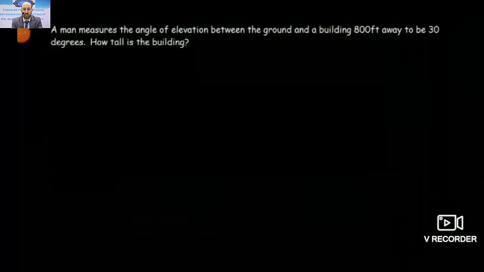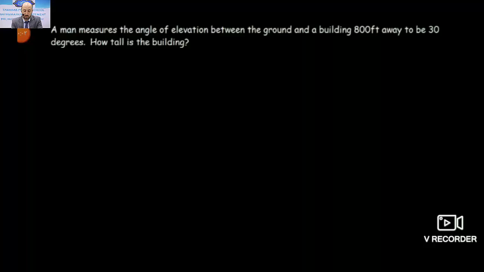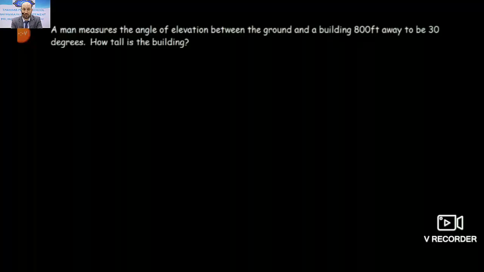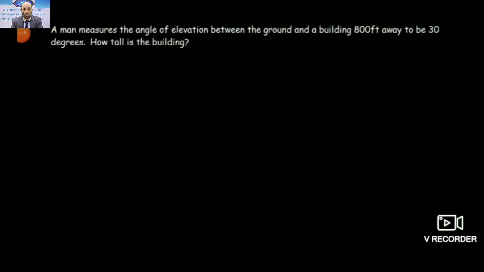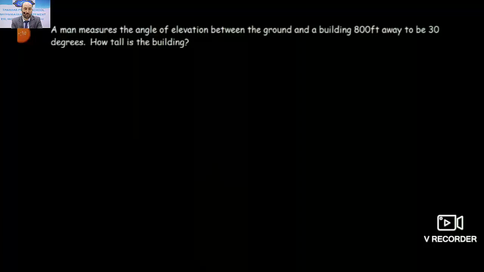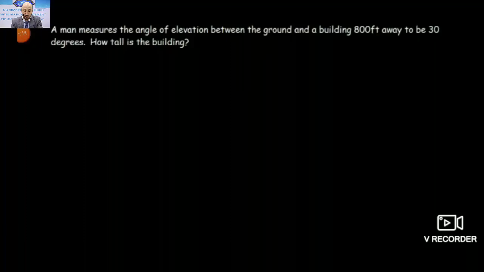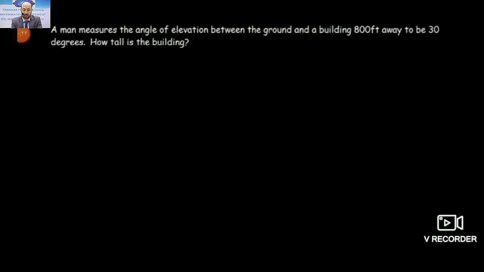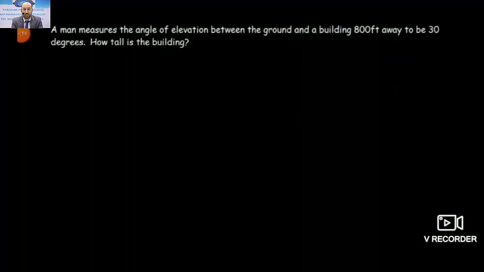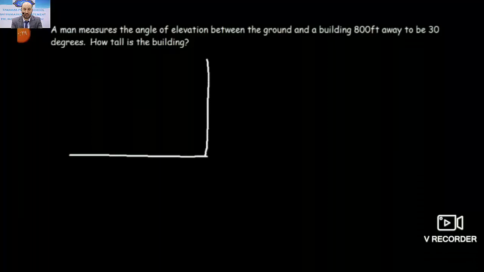In this video, we are going to solve word problems in trigonometry, and it's about angles of elevation and depression. Here we have a man who measures the angle of elevation between the ground and a building 800 feet away to be 30 degrees. How tall is the building? For the angle of elevation, the man is down and the building is up.